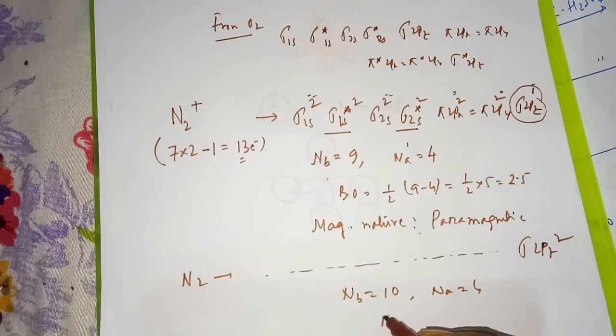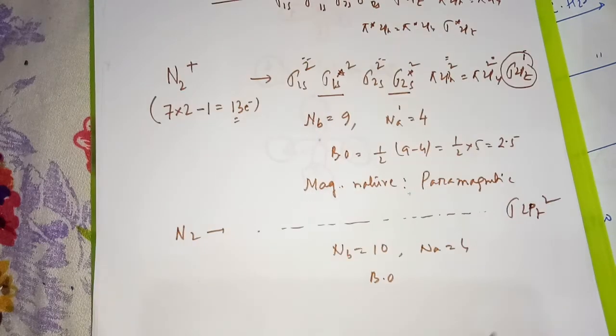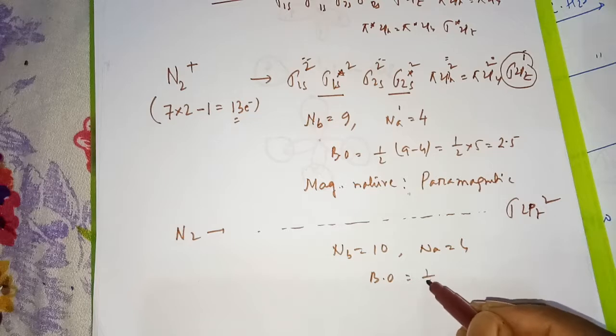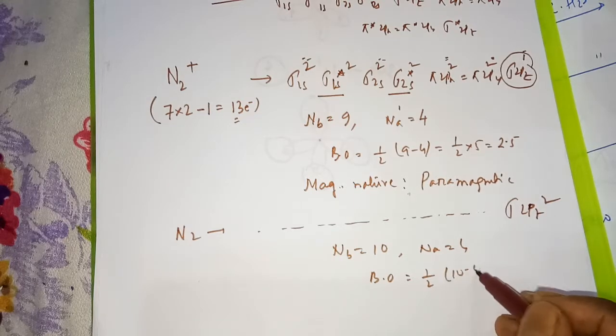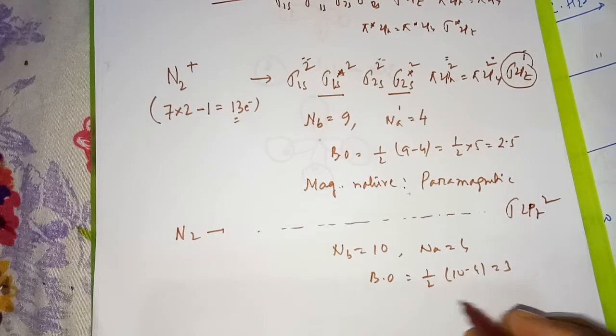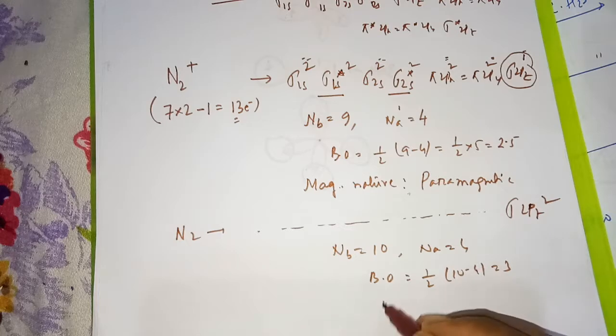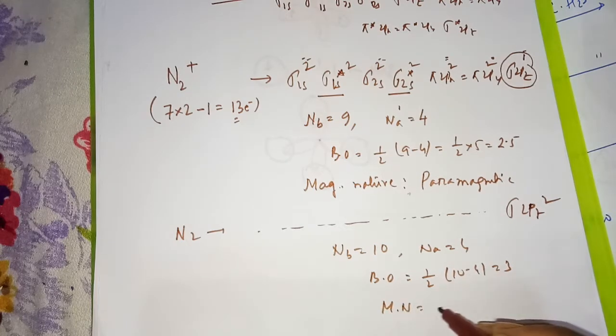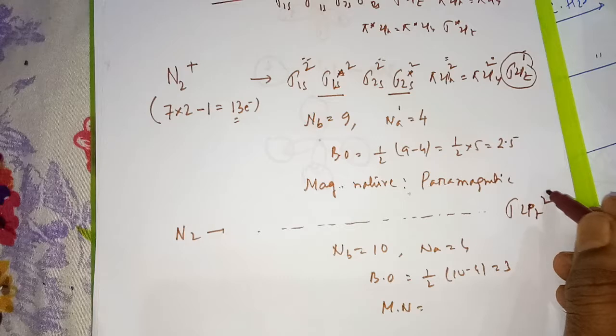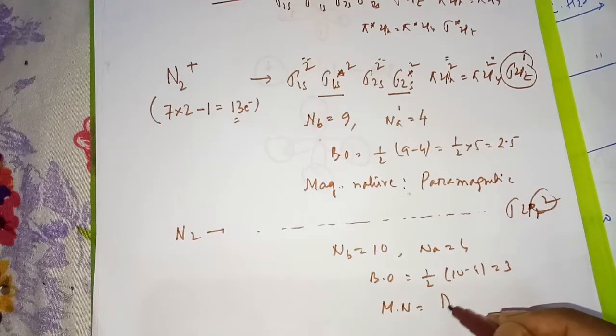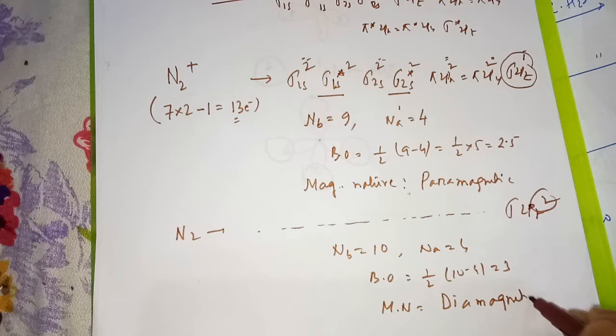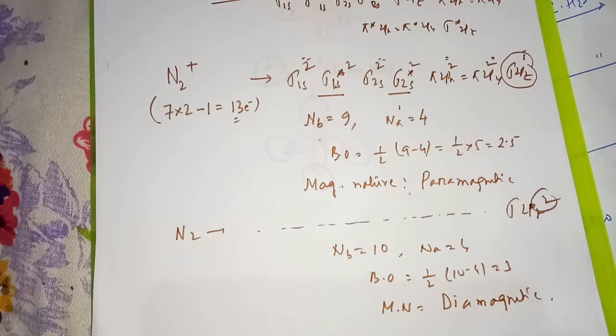So bond order is half into 10 minus 4, the bond order becomes 3. And for magnetic nature, since all of these contain 2 electrons, all are paired electrons, so it is diamagnetic in nature.